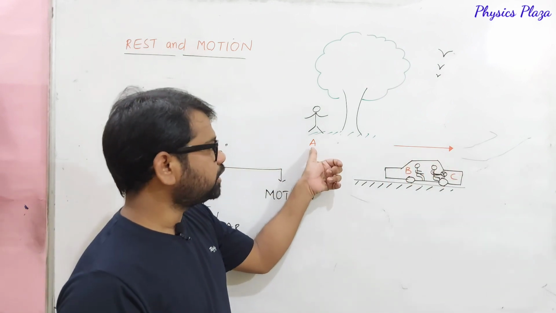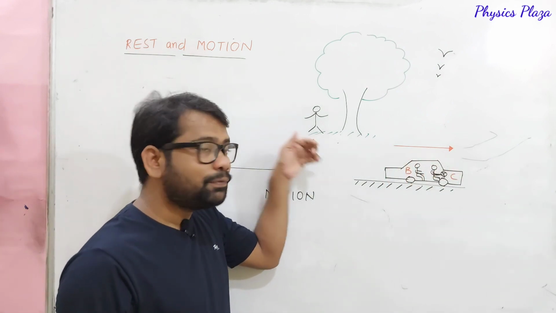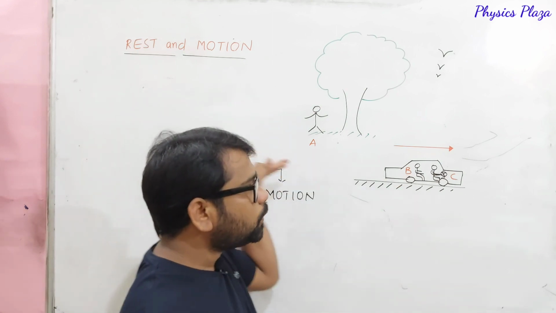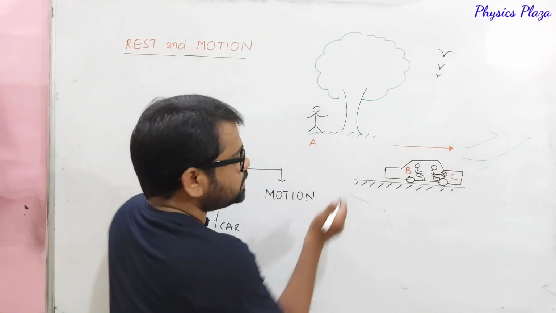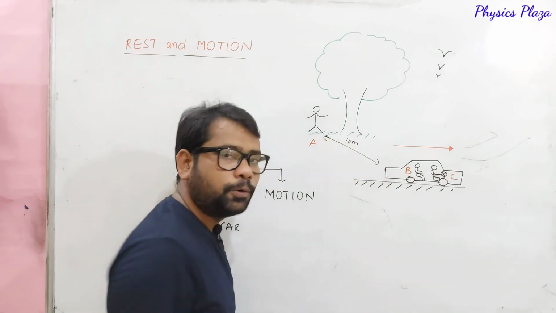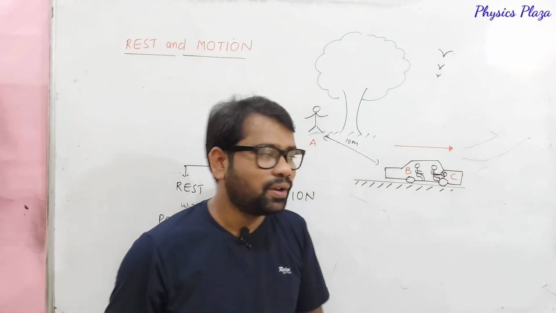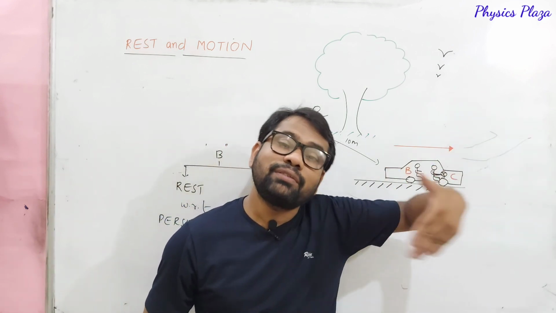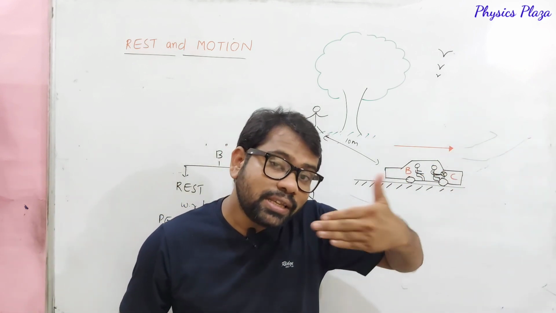But what do you think with respect to person A? Person A feels that the person is going. Why? Initially this distance might be 10 meters. Do you think it will always be 10 meters? No, it will be 15 meters, 20 meters, so it will increase, which means it is changing.